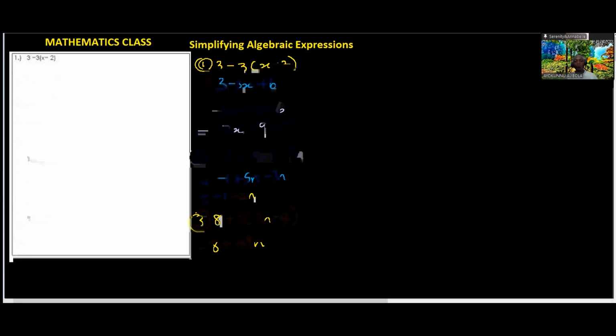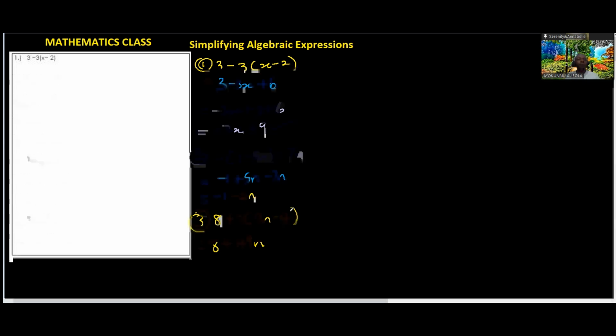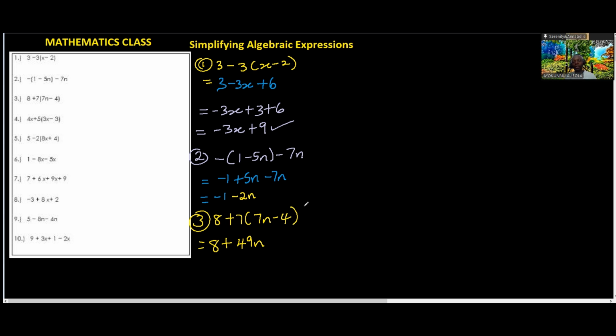Then what is 7 times negative 4? 28. Wait. Yeah, negative 28. So all of this, we have two numbers without alphabet. So we can add those two numbers together. But one of them has a negative, so that means it's a kind of subtraction. So we have 49n plus 8 minus 28.